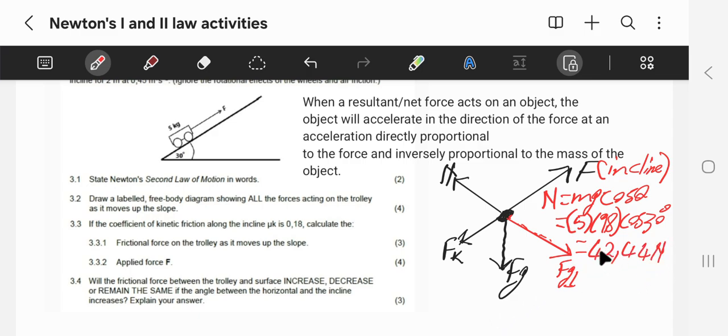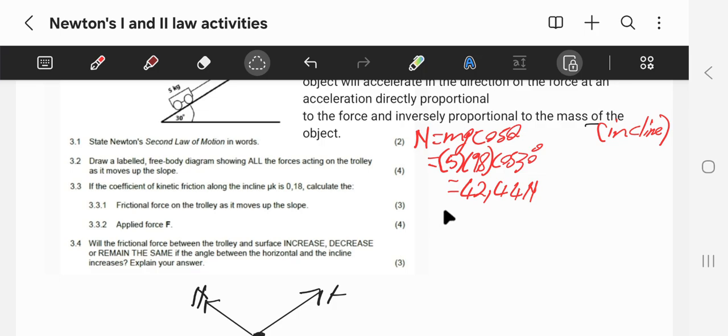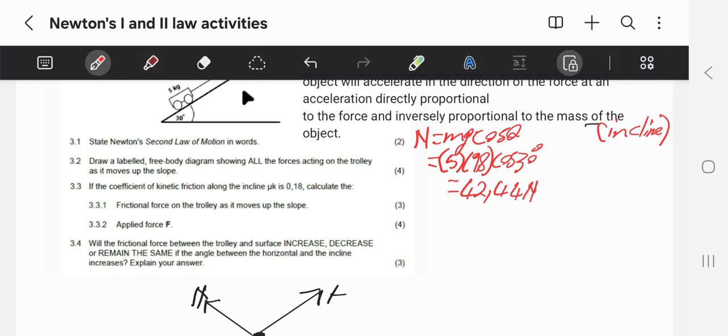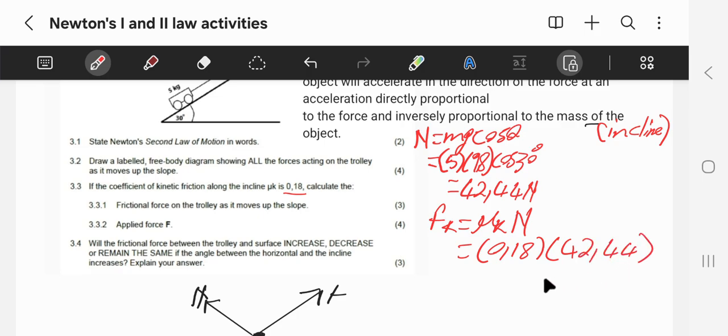That's our normal force, but we are not looking for the normal force, but what we are looking for is the frictional force. The formula for friction will be Fk is equal to the coefficient of kinetic friction multiplied by the normal force. The coefficient is 0.18, and then we multiply by the normal force, which is 42.44.